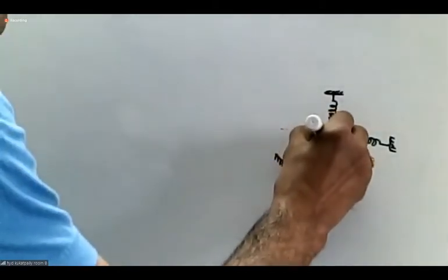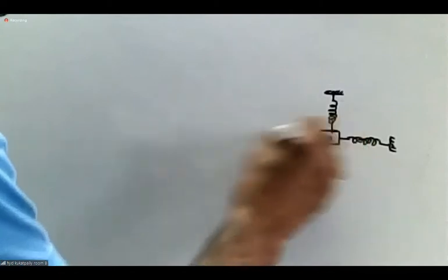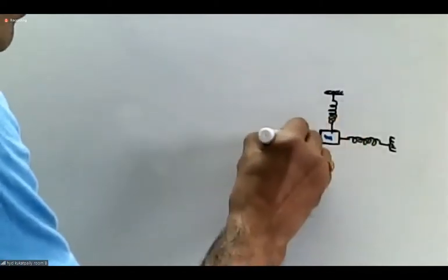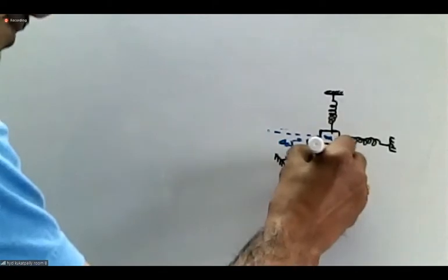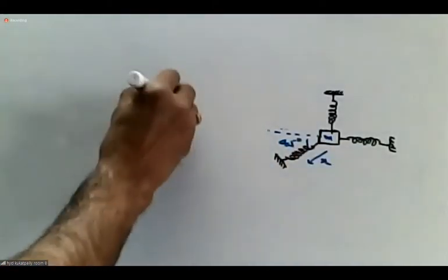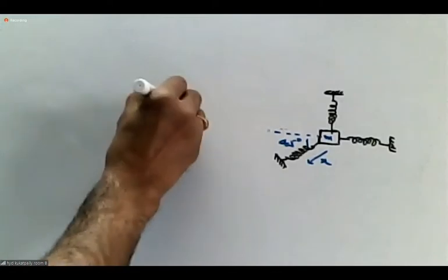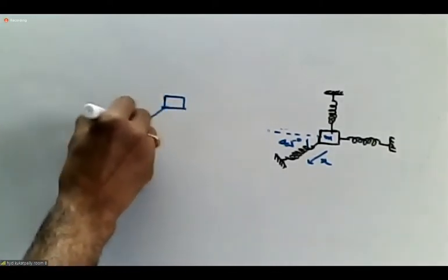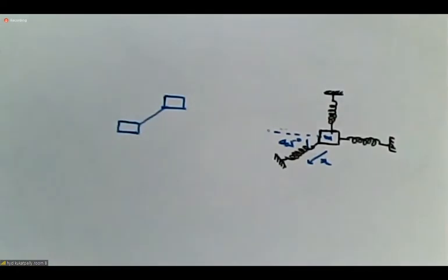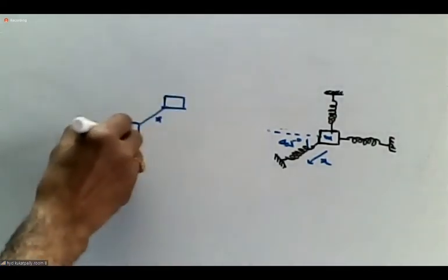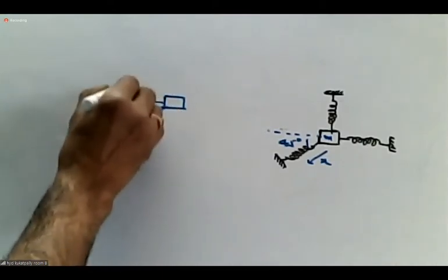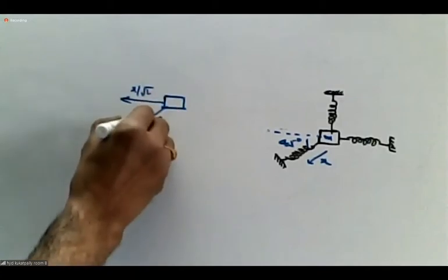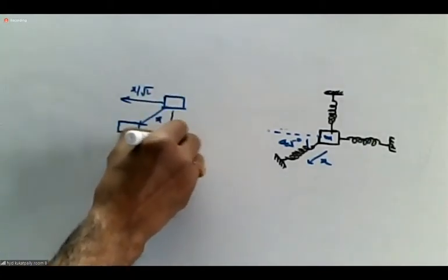This is block M. If you displace it down on one side, see, it's given that this angle is 45. You displace any one side. If you displace this side down, it is easy to understand. Say you displace by X. Then the block from this position has come to this position, a distance of X. This has a component in this direction, X by root 2, and in this direction, X by root 2.